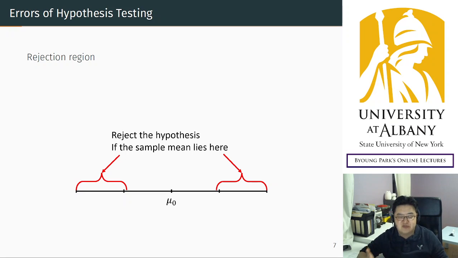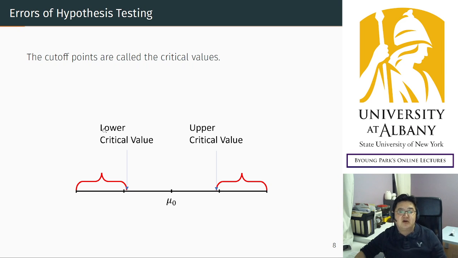If the sample average is too much different from your hypothesis, then you have to reject the hypothesis, and we call that area the rejection region, right? You learned that these cutoff points are the critical values, and outside the critical values is the rejection region: the lower critical value and the upper critical value. We learned it in the previous chapter.